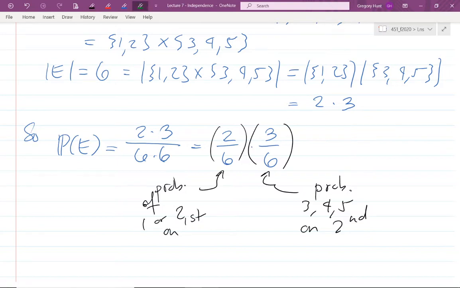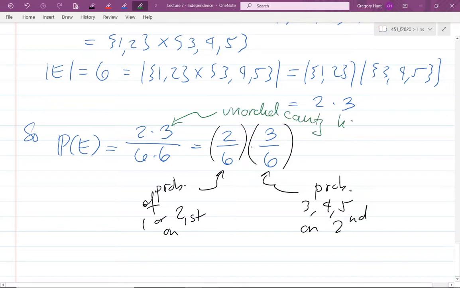So just to reveal what's going on behind the scenes, the reason that ordered counting often has some kind of multiplicative structure when counting the outcomes is that this multiplicative structure is going to give us another way of thinking about independence, which also has a multiplicative structure.